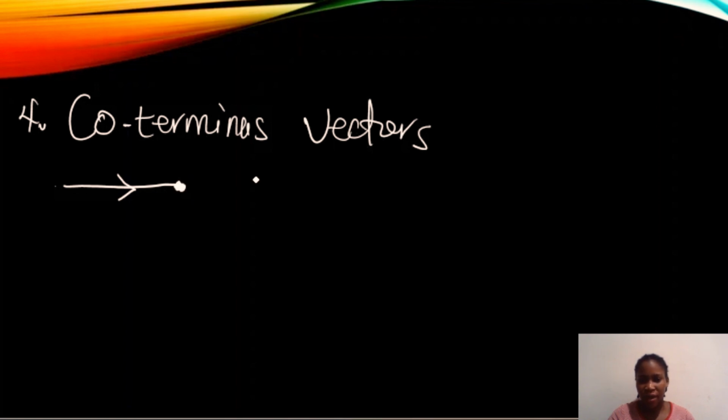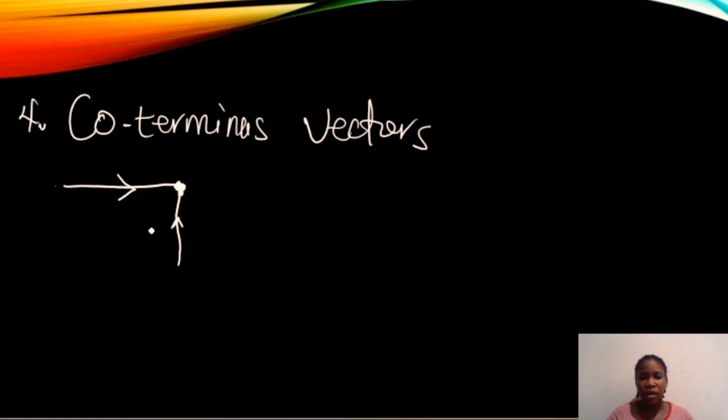Coterminous vectors are vectors that end at a common point, or they end at the same point. Let's say this is vector A going like this, starting from here, and then this is the ending point of vector A, and vector B is going like this, and this is its ending point.